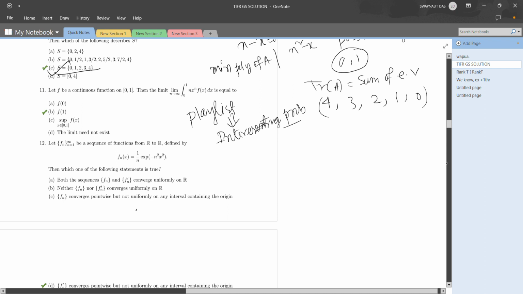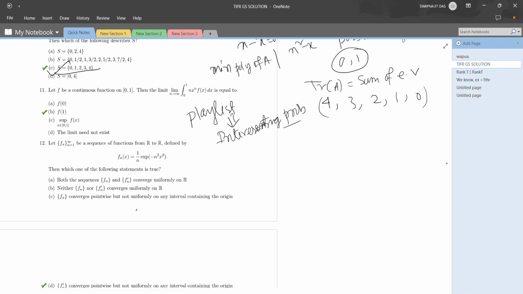Okay, so it should be a sequence of functions from R to R defined by fn(x) equal to 1 by n e power minus n square x square. You can easily check that the limit function f equal to 0.